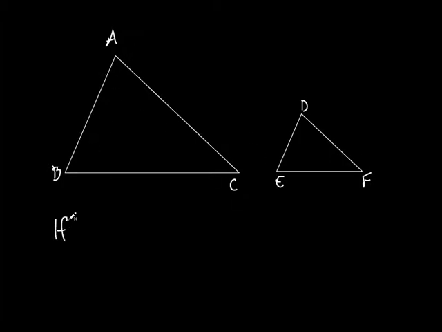If I knew that AB to DE equals AC to DF. I don't know the third one though, okay? I just know that this one to this one and this one to this one are equal. And I also know that angle A equals angle D.